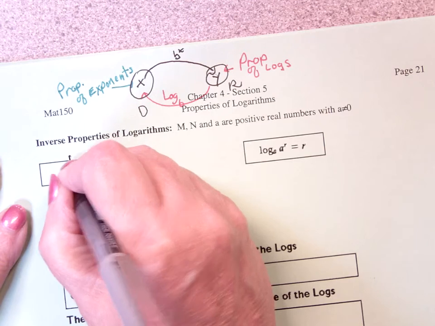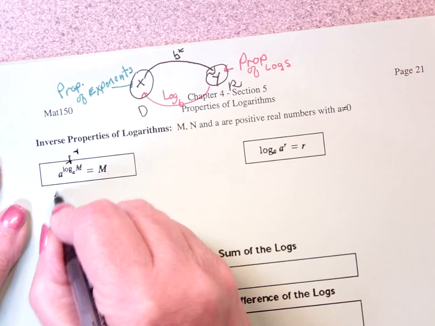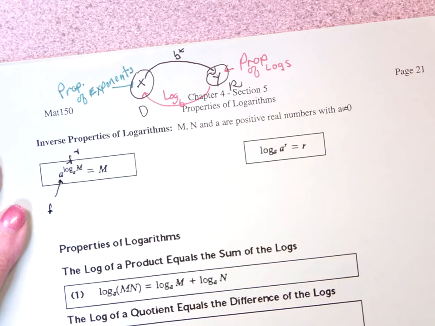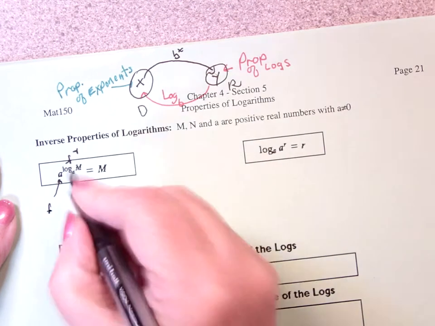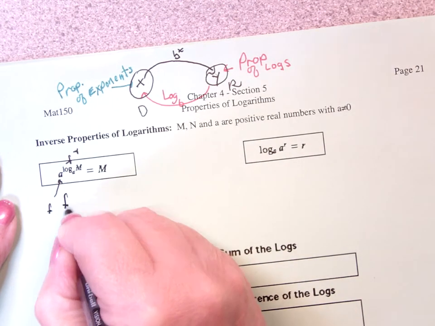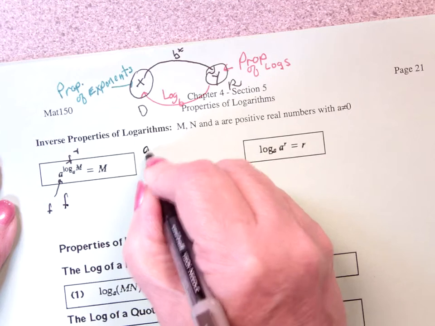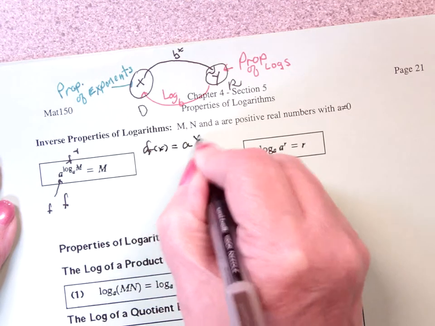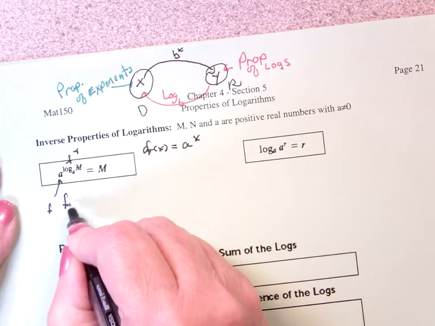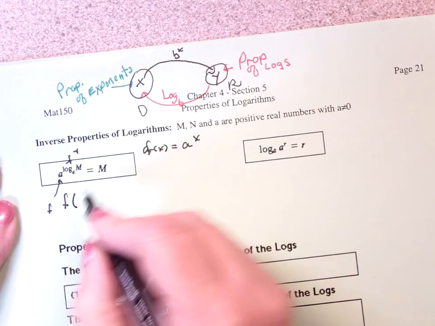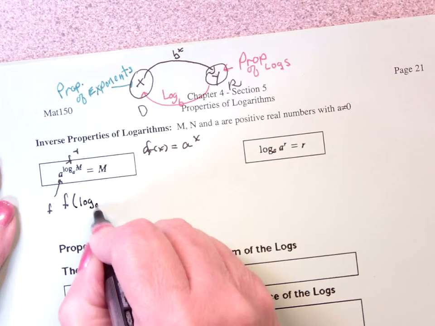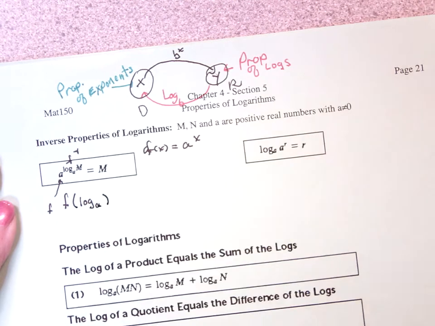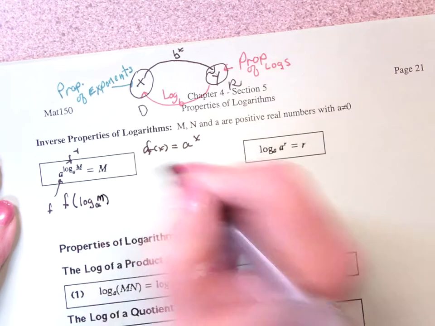This guy here is the inverse function. This is the regular function. And so what we've done is we've taken the regular function, which in this case is f of x equal to a to the x, and we've stuffed the logarithm function inside.